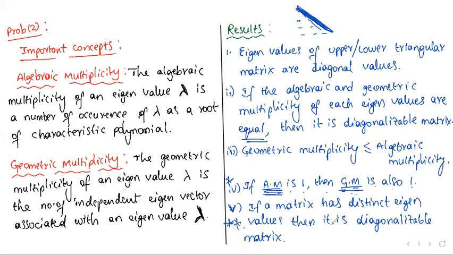One important problem: which of the following matrices is not diagonalizable?